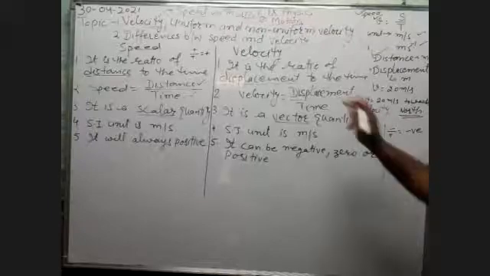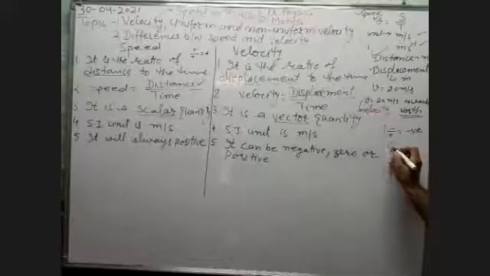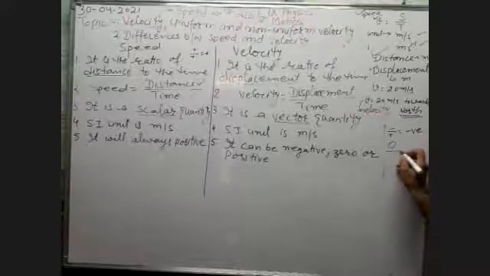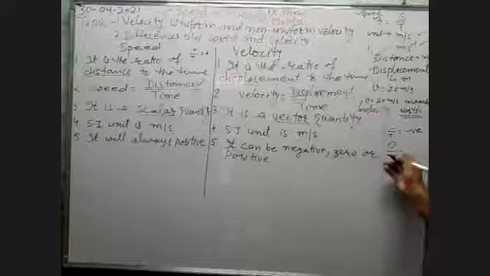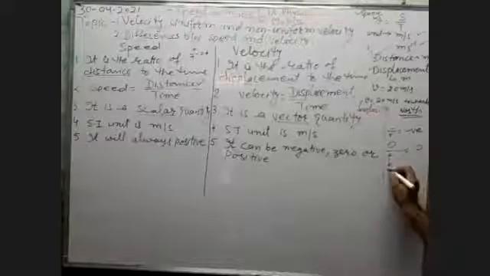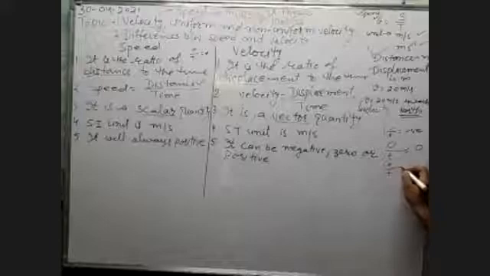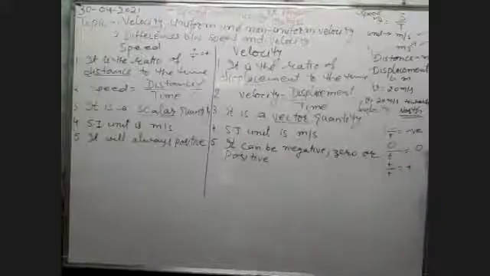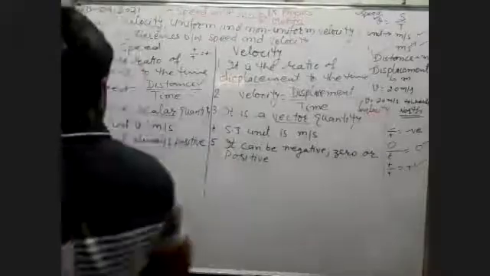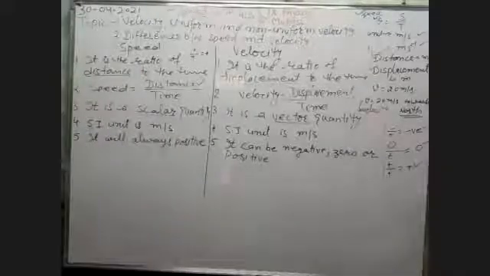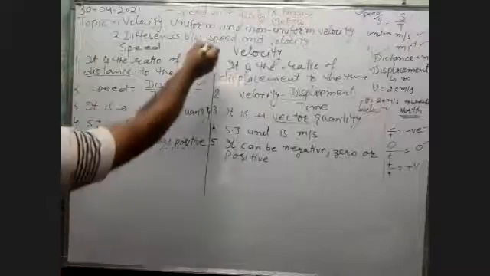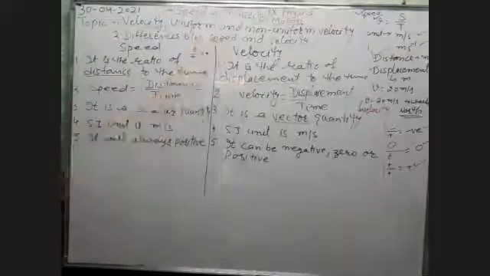If displacement is zero, divided by time the value will be zero. If displacement is any positive number, since time is always positive, it will be a positive number. So velocity can be negative, zero, or positive, but speed will always be positive. These are some basic points on the basis of which we can differentiate velocity and speed.